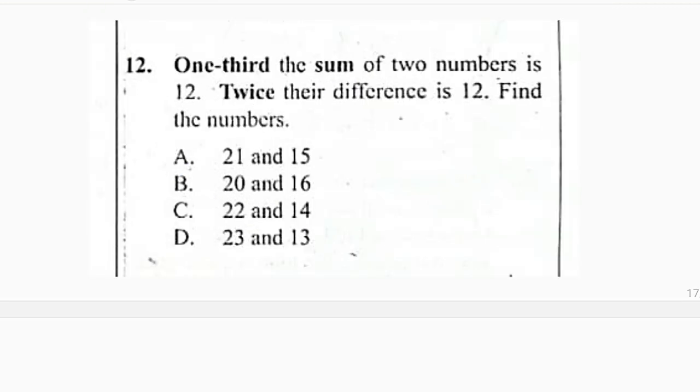Now let us take question number 12. All right, here is question number 12. The question reads, 1/3 the sum of two numbers is 12. Thrice their difference is 12. Find the numbers.